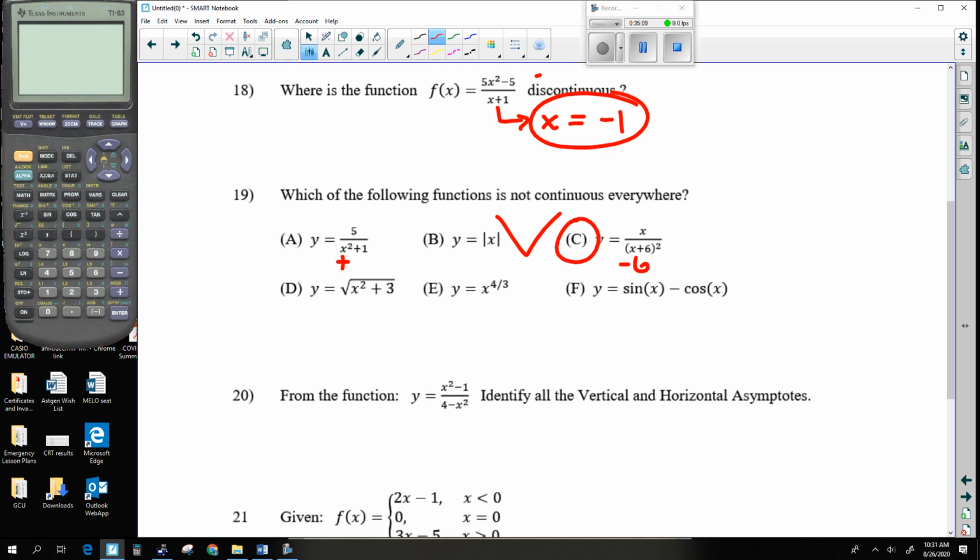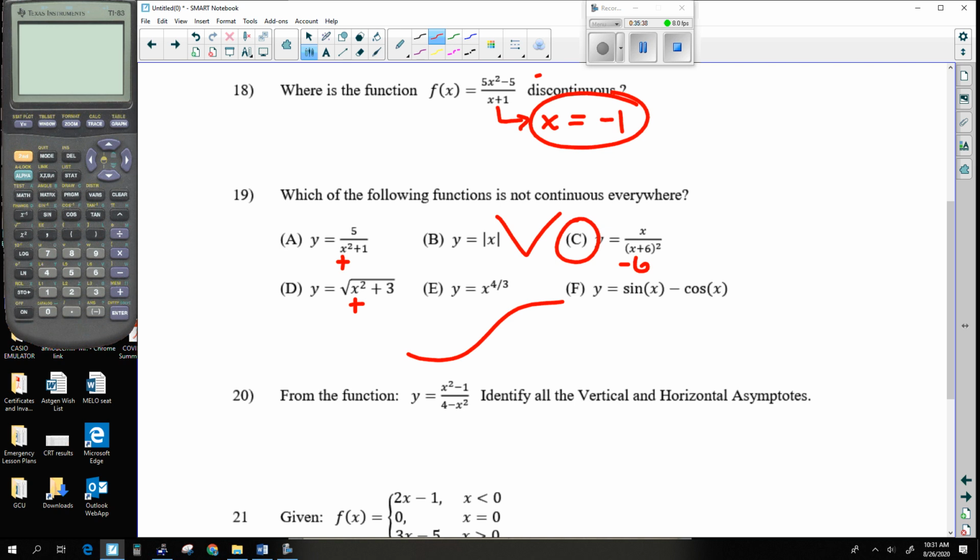Looking for inside negatives, but again, that number is always going to be positive. If you square something, it's always going to be positive. So there is no possible way that I can get a negative number on that inside. So that one's good to go. To the 4/3, that just means it's a cube root of some sort. That's good to go. There isn't anything bad with that.